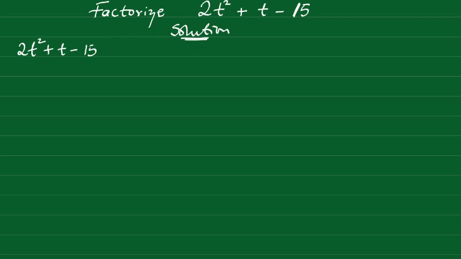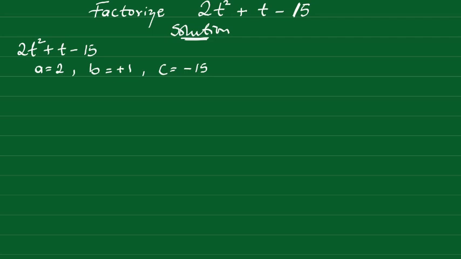Now take note of the fact that our value for a in this expression is equal to 2, while our value for b is equal to plus 1, and our value for c is equal to minus 15.